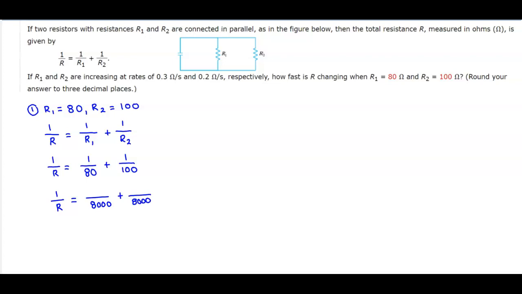We know 80 times 100 gives us 8,000, and 100 plus 80 gives us 180. So 1 over R equals 180 over 8,000.